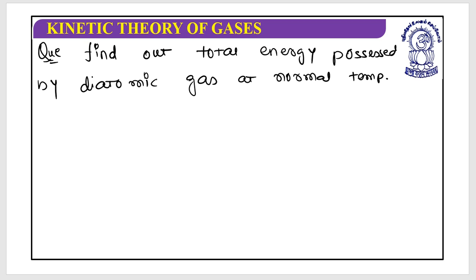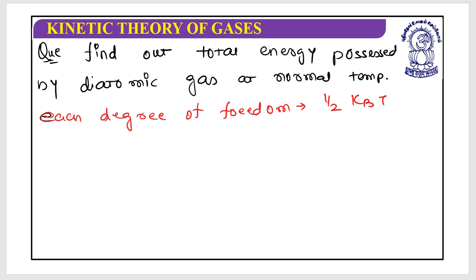Now I understood that each degree of freedom possesses an energy of half kBT. I'm talking about the diatomic gas. In the case of a diatomic gas, it has 3 translatory degrees of freedom. So the energy associated with the translatory degrees of freedom is 3 by 2 kBT.